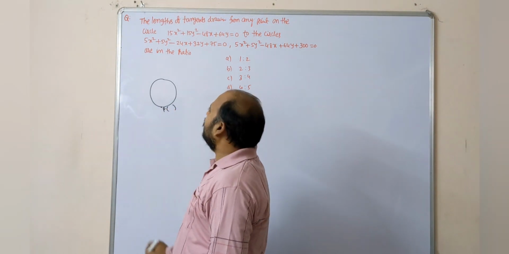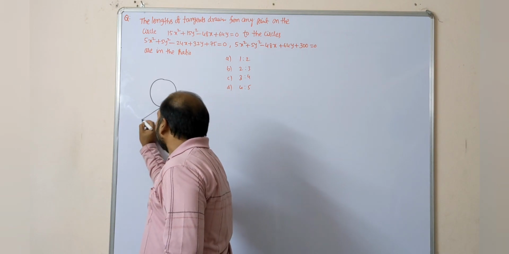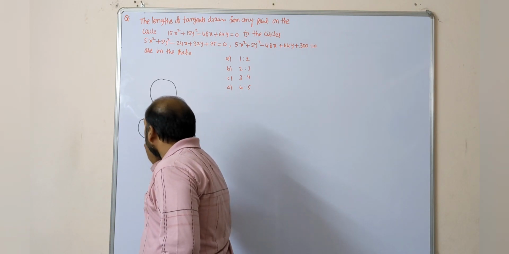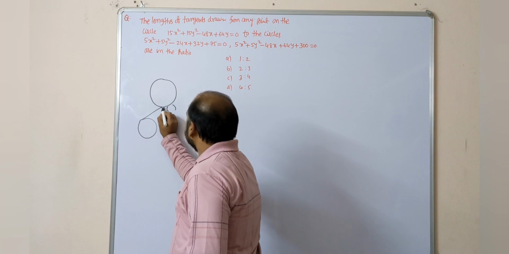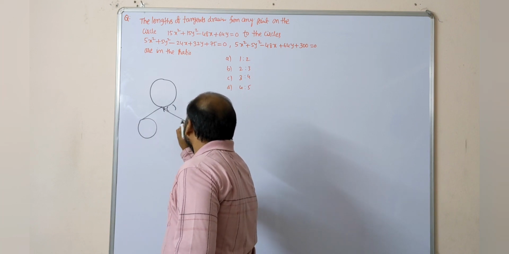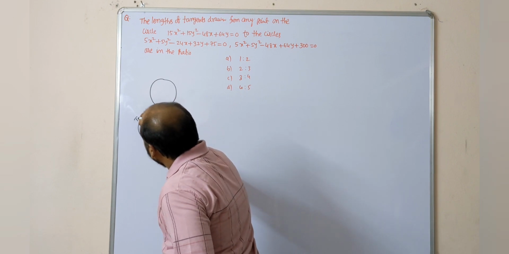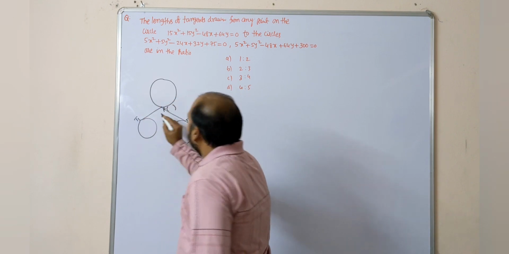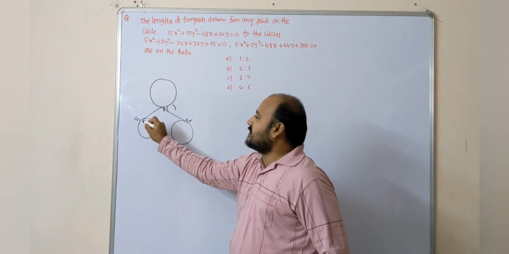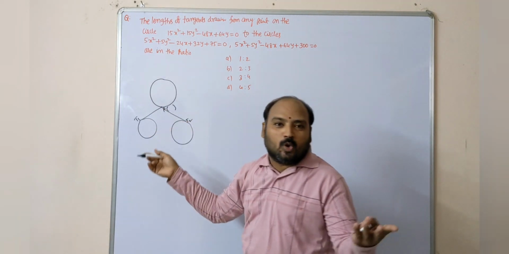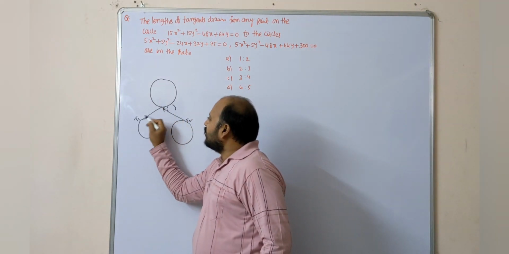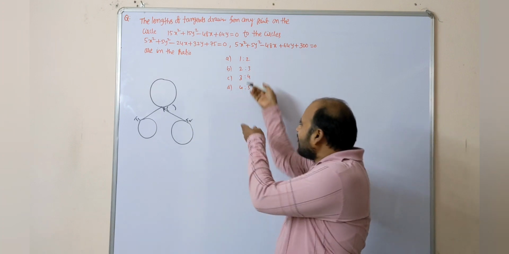From this point, the lengths of tangents are taken to the other two circles, and they are asking for this ratio. PT1 is the length of the first tangent, from here to here.